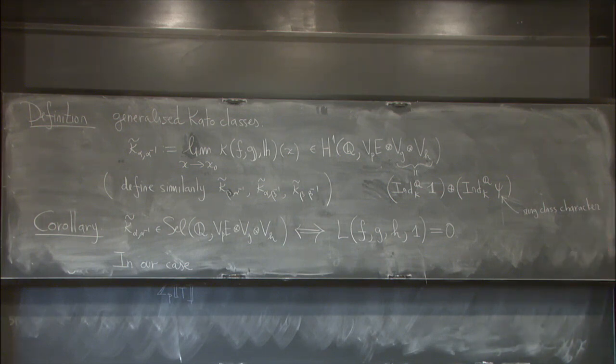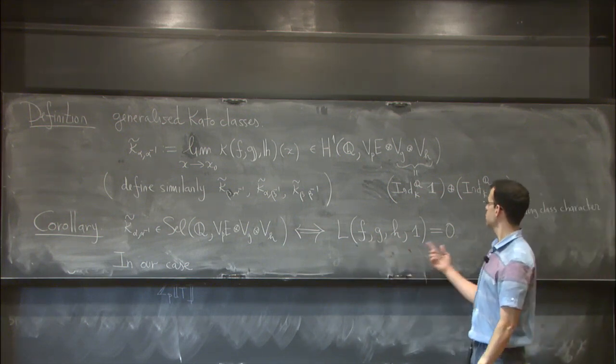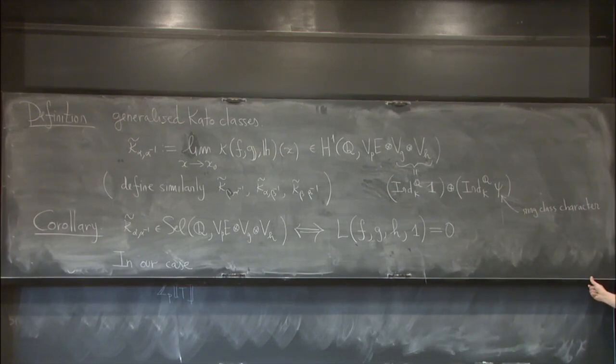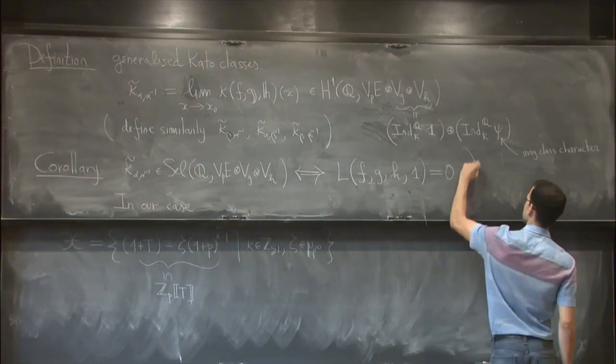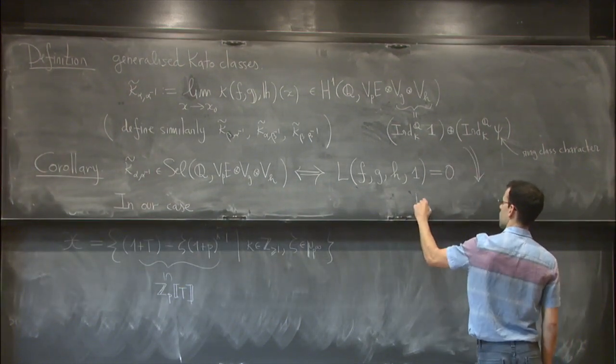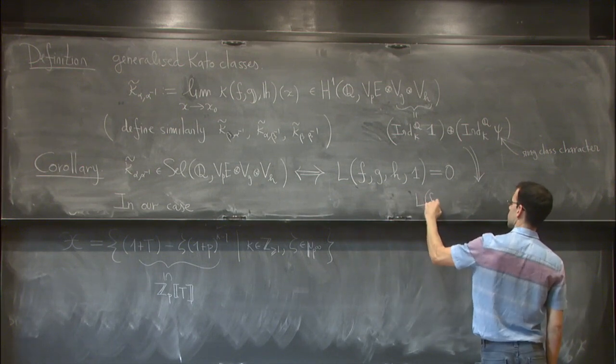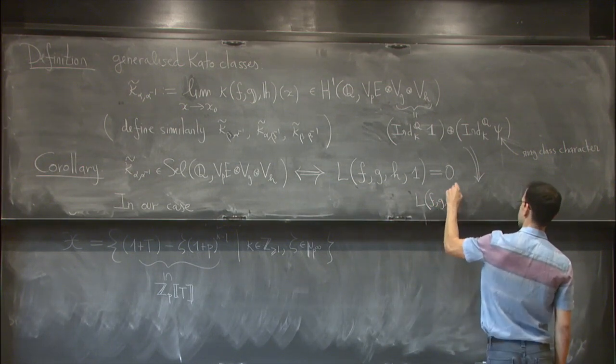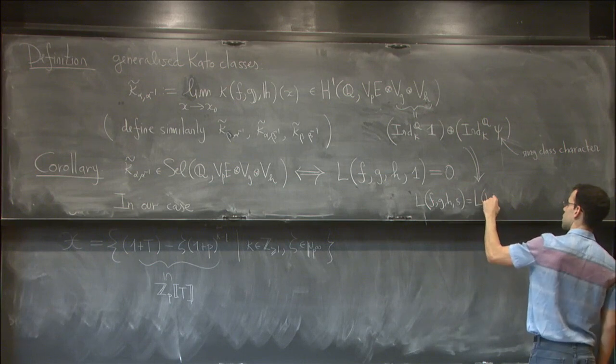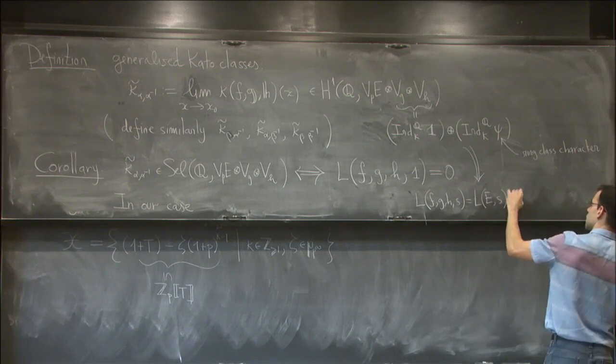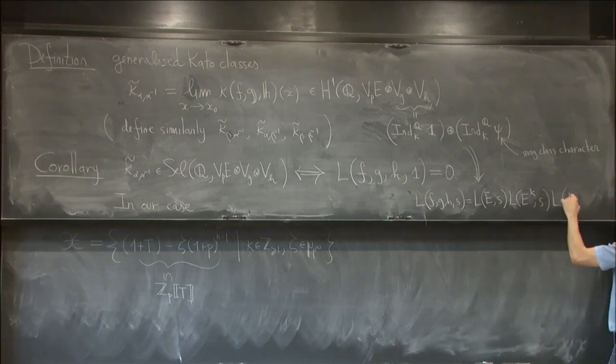Okay, and similarly, this triple product L function will break up as a product of two. So this will imply that L(F, G, H, s) will be L(E, s), its quadratic twist, and the L series of E base changed to K twisted by psi.